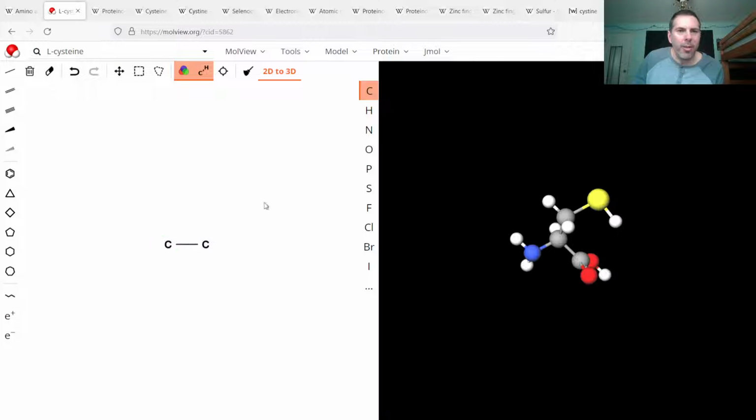Here's your alpha carbon, carboxyl group on the side here, and amine group on the side here.